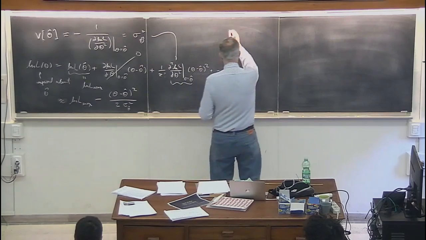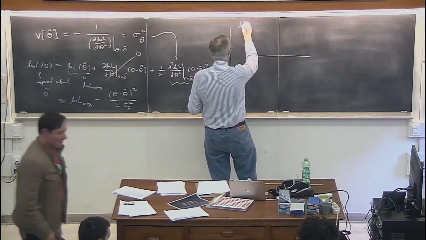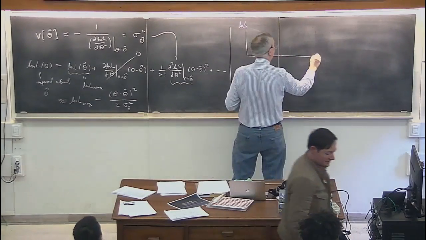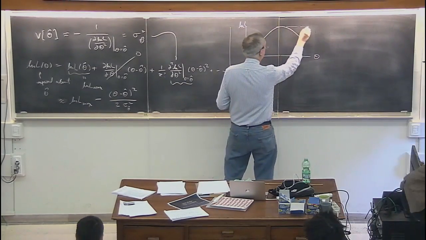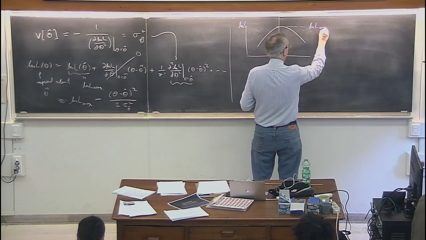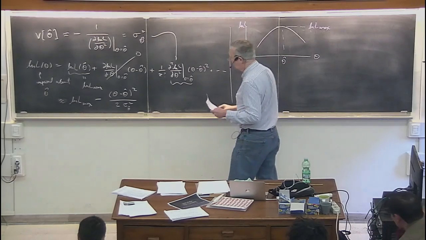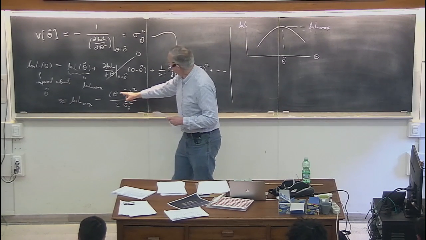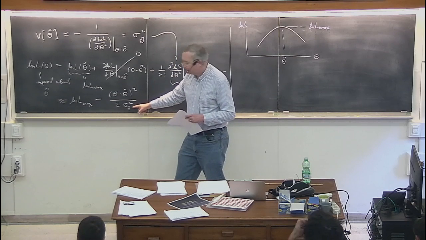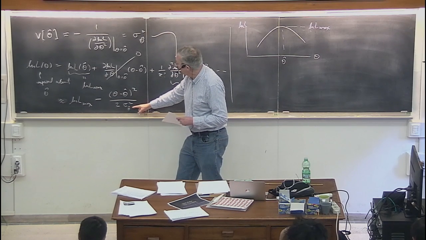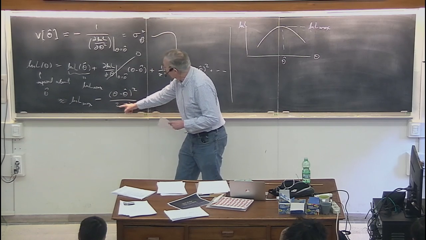And so if you think about how this works, if we make a sketch of log L versus theta, I'm going to come up and go down. And so somewhere here we have the maximum, and that's where theta hat is. Now if I consider moving theta away from theta hat by 1 standard deviation, that is to say by 1 sigma theta hat, then the log likelihood function goes down by 1/2.